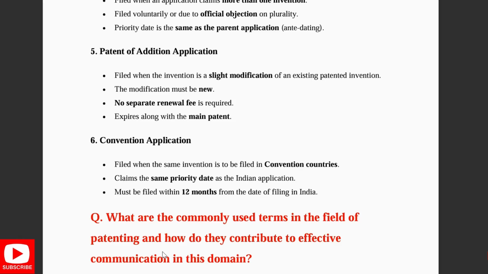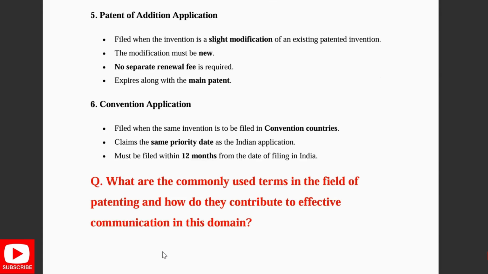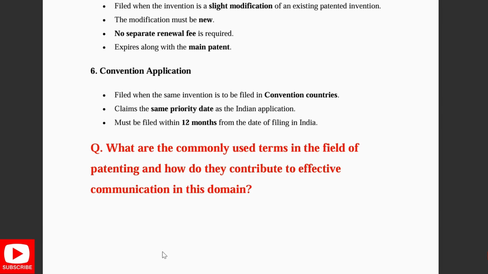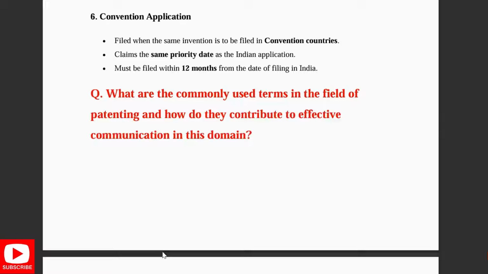No separate renewal fees is required for this. Next is conventional application. Filed when the same invention is to be filed in convention countries. So it claims the same priority date as the Indian application. This must be filed within 12 months from the date of filing in India.